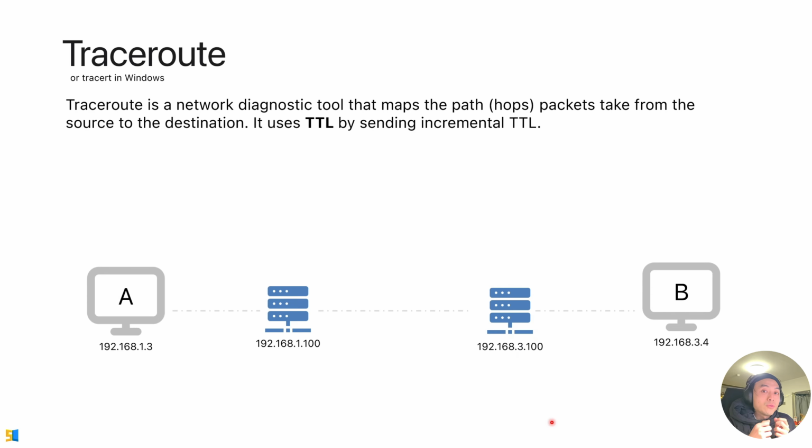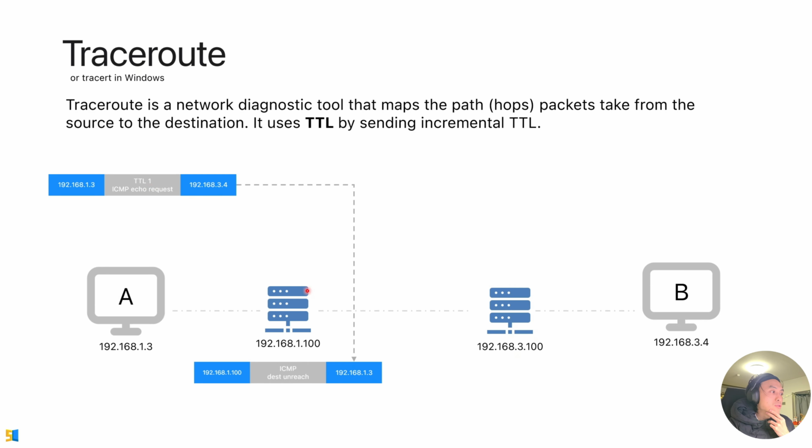Traceroute is a network diagnostic tool that maps the path or the hops packets take from the source to the destination. It uses TTL by sending incremental TTL. So how does it work? All right, so A sends an echo request to B. But if you notice, the TTL is 1. So what happens is that it goes to this router.